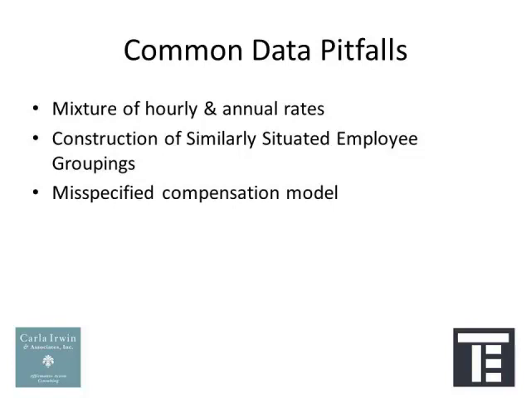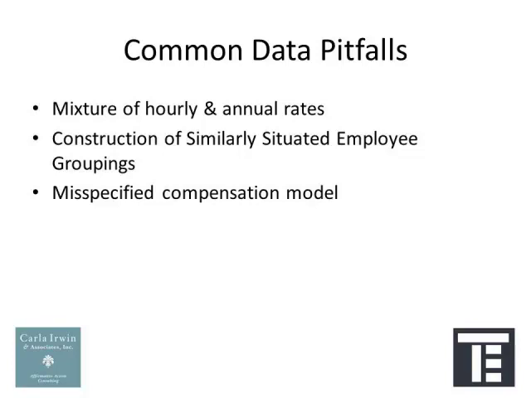The other common data pitfall that I often see is when people do their own internal comp analyses, they have a misspecified compensation model. And what that means is they're looking at, for instance, average pay rates by gender. And they find out that men are paid a lot more than women. So do we have a gender equity problem? Are we discriminating against females? Maybe. Or maybe it's the fact that there are other things contributing to compensation that you haven't measured. Seniority, time and grade, all of those other determinants of compensation.